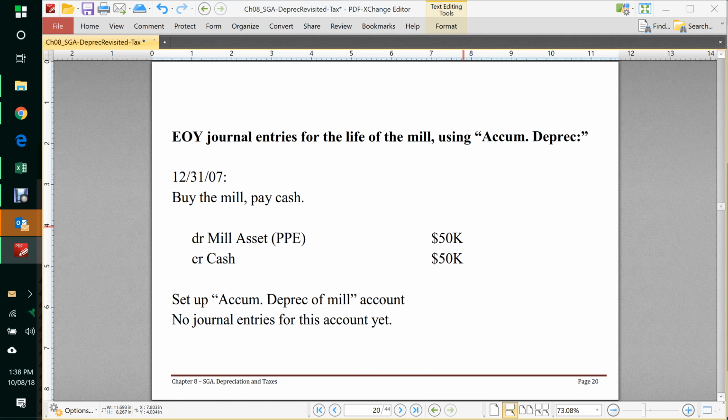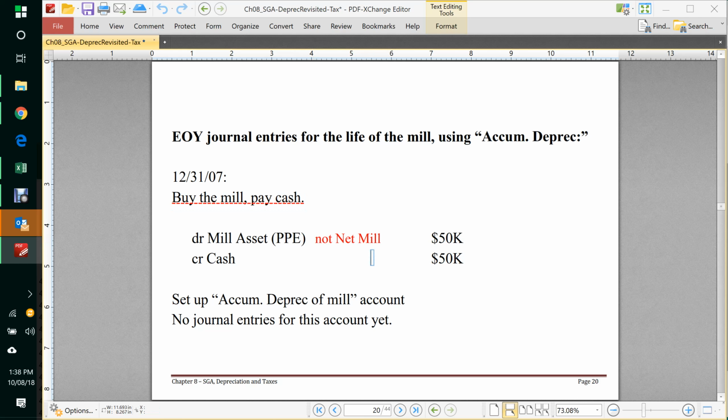Okay, so now let's do the journal entries for the life of the mill using accumulated depreciation. So the gap method, right? When we buy the mill, it's going to be exactly like we did before, except we're going to say mill asset, not net mill asset.